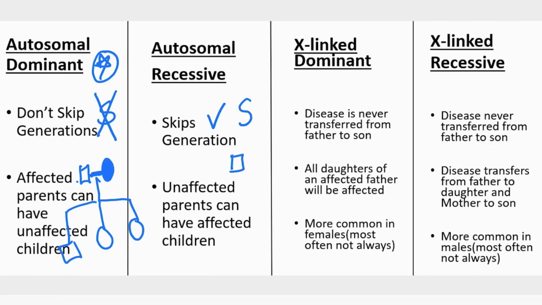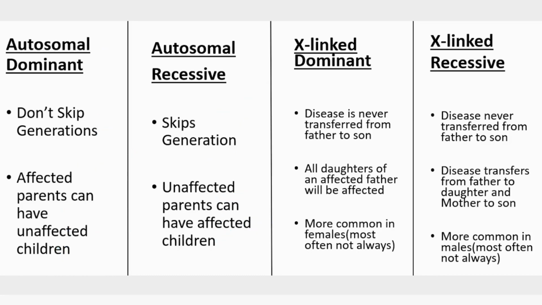Unaffected parents, father, mother, and the children could be affected. So unaffected parents are not affected, but the children are affected. Here, what in the dominant we saw, affected parent, but unaffected children.